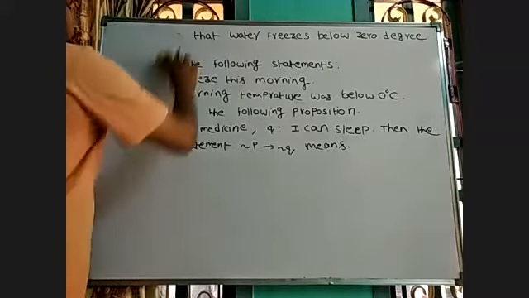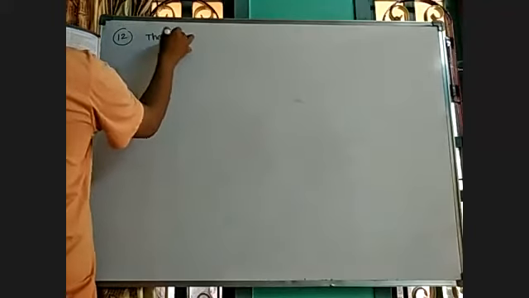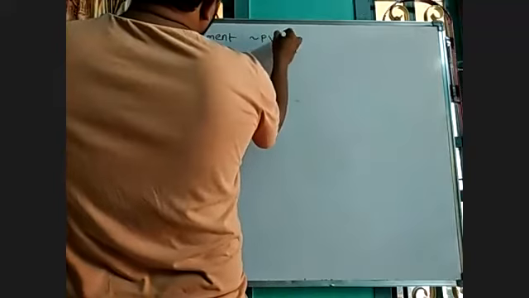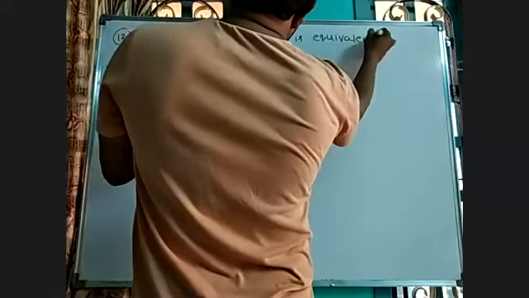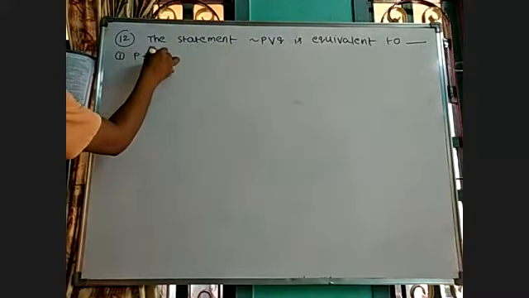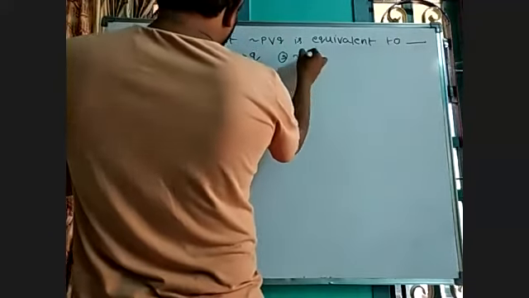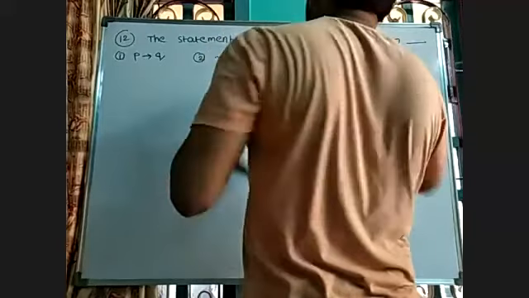Okay, next, question number 12. The statement negation of P or Q is equivalent to: option 1, P implies Q; negation of P implies Q; negation of P implies negation of Q; then P, negation of Q. See that.